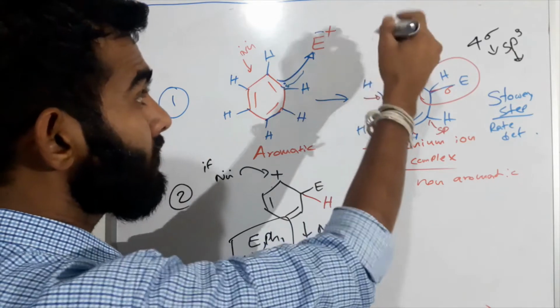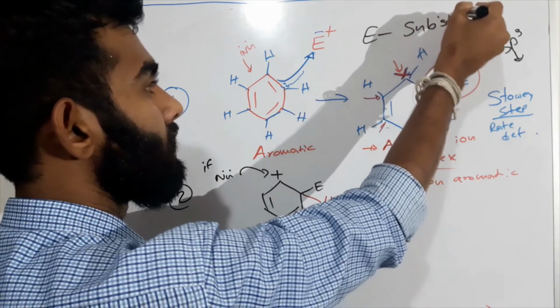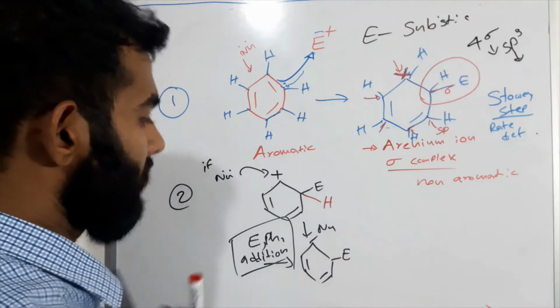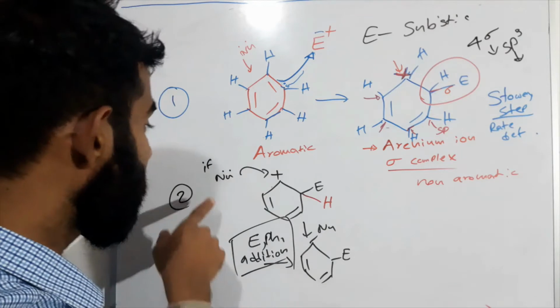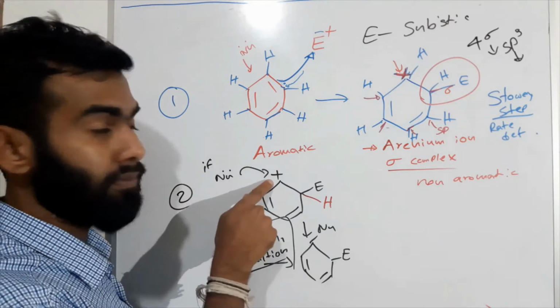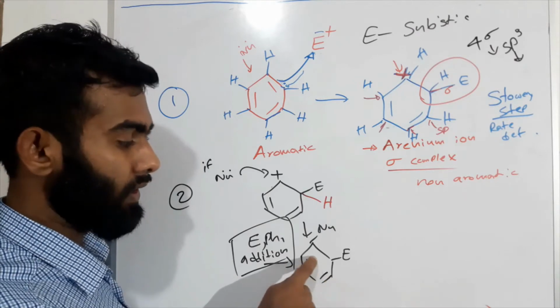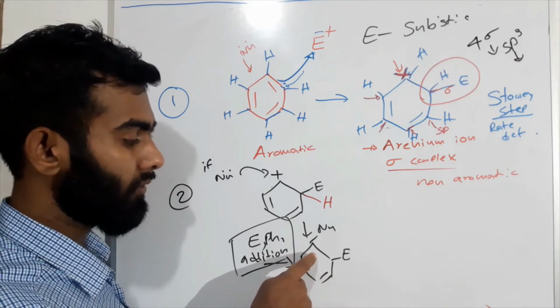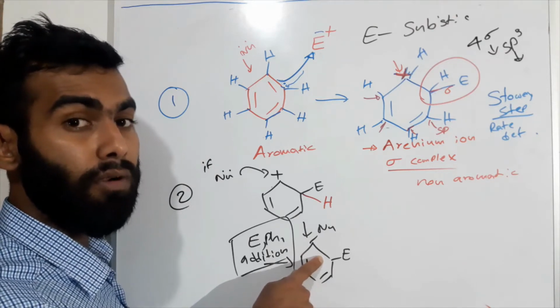We are talking about electrophilic substitution, okay? Don't confuse. So I told you, if a nucleophile attacks this positive charge, it will form this type of electrophilic addition product. Because of that it loses its pi bond permanently.